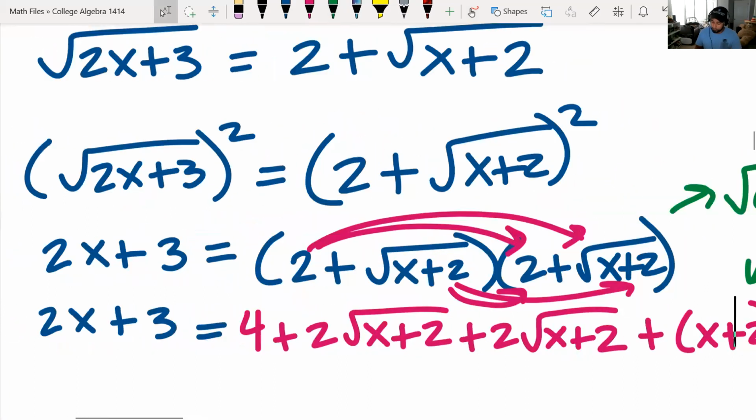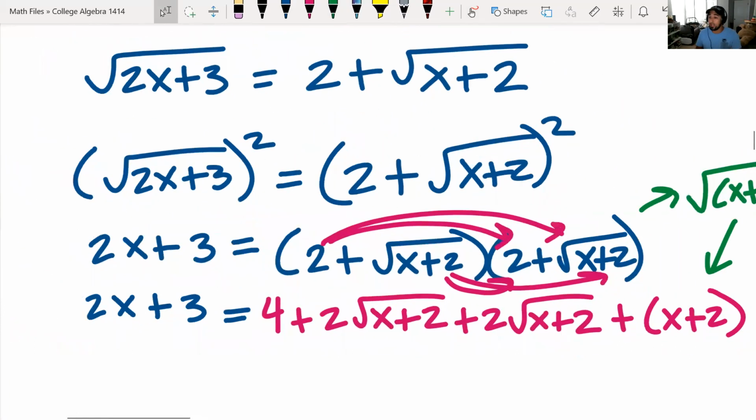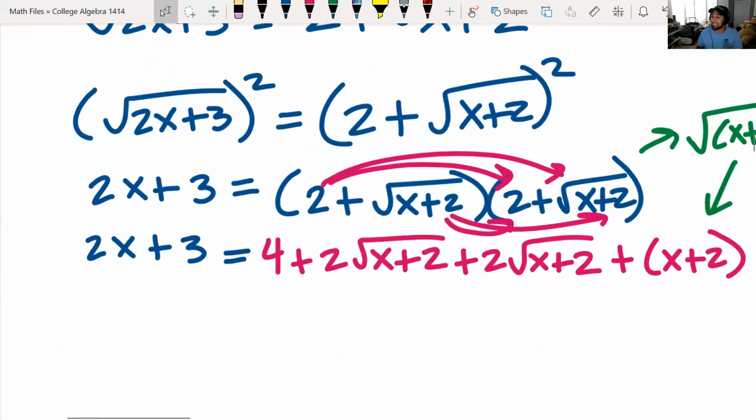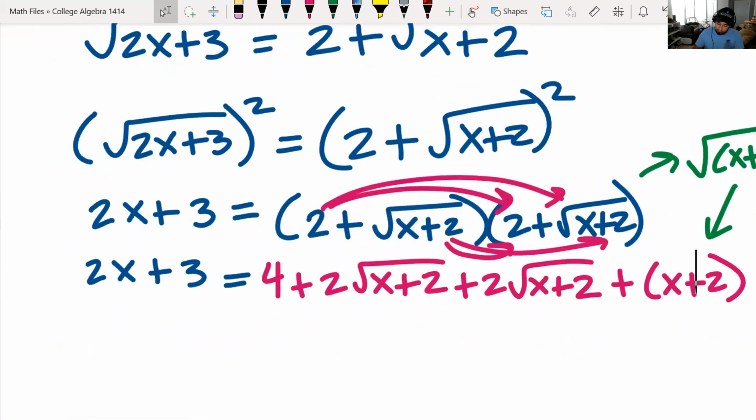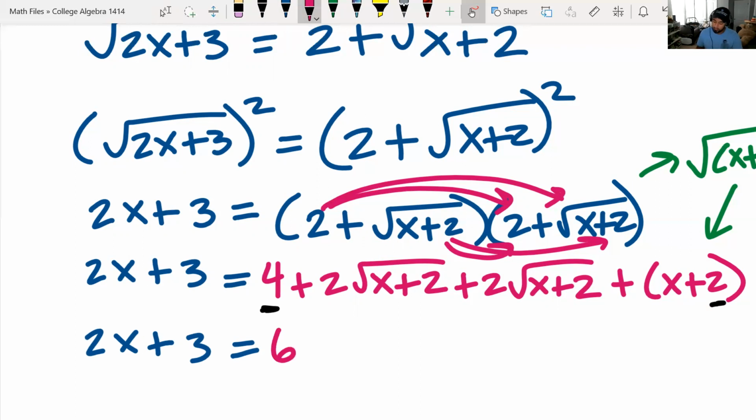All right, so once again, more cleanup. The left side stays the same. 2x plus 3 equal to, here's what we're going to do. We're going to put this 4 and that 2 together at the end. So we'll have 6.